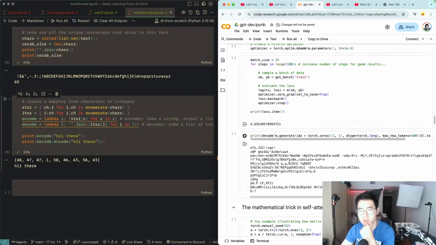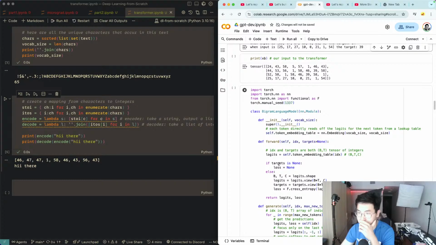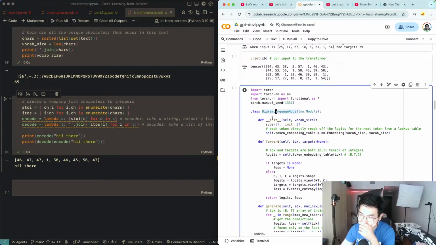And we need to create the optimizer. Okay. Why do we have a bigram model here? Okay, I guess the language model. Okay.